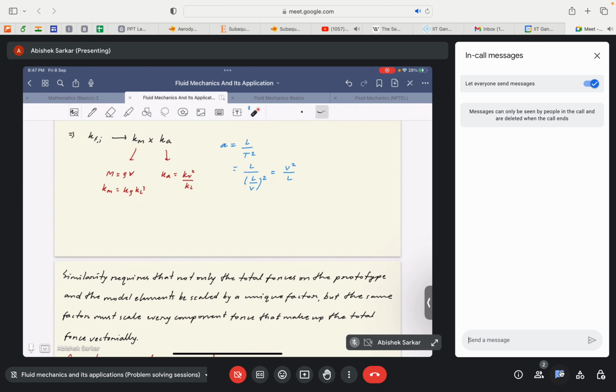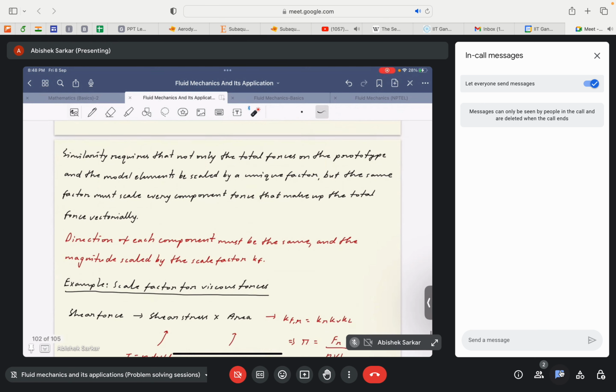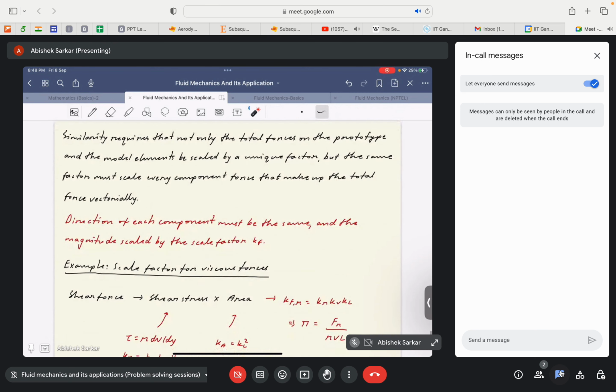So if the density scales as rho and length scales as L, they represent km as k rho into kl cube. Similarly, they represent ka as kv square by kl, velocity square by the length scale factor. I've done a derivation here. You can just look in the notes.